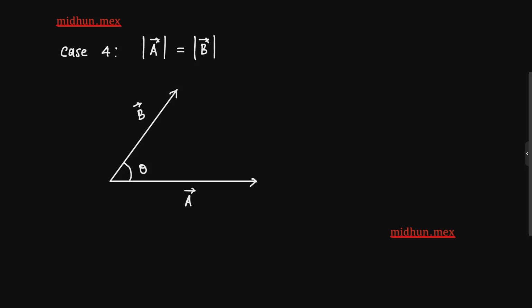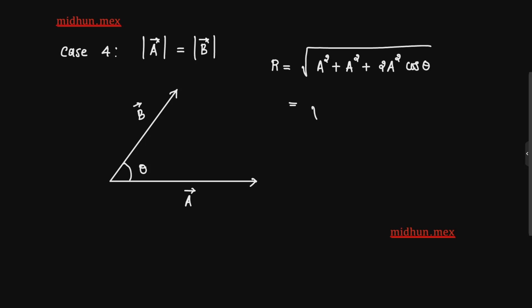In this scenario, if I am going to find the resultant R, root of a square, instead of b I can put a square, because a and b have the same numerical value. Here I will get 2a square cos theta.